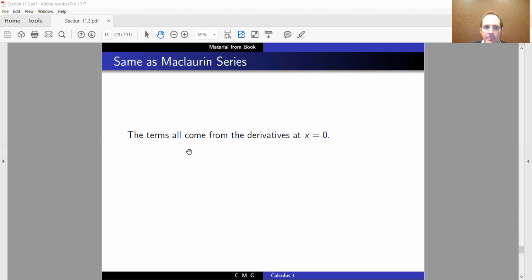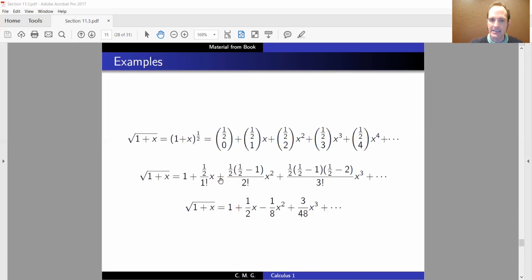All right. So this is the same as the Maclaurin series. It's actually giving you the derivatives at 0. All those terms are just coming from derivatives at 0. I don't have to do the derivatives because I can just use this binomial coefficient. And you'll notice when I do the derivatives, the derivative of the 1/2 power is going to put a 1/2 in front. That's going to be that first term here.